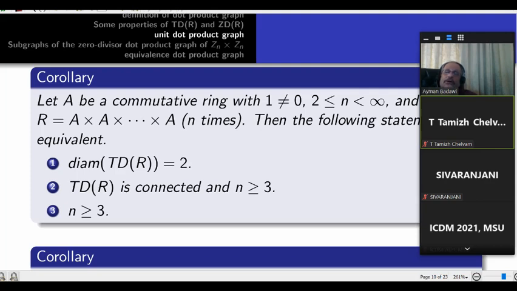If you tell me the diameter is 2, I tell you n has to be bigger or equal to 3. Okay.